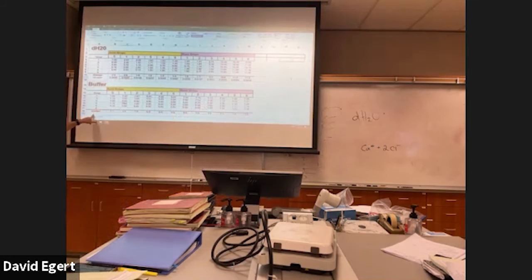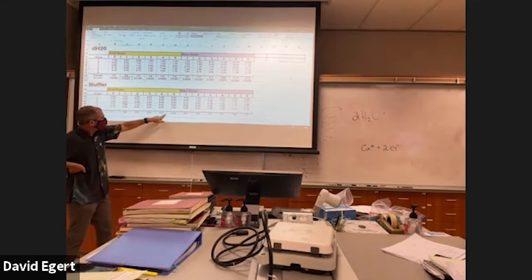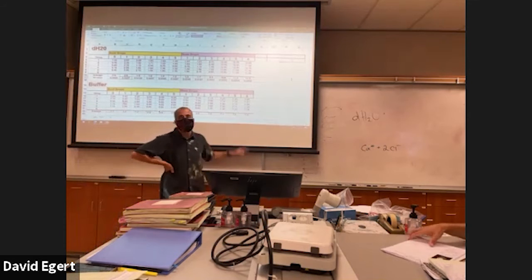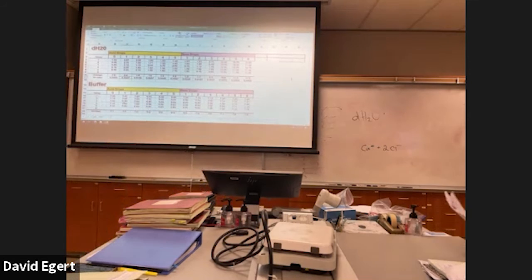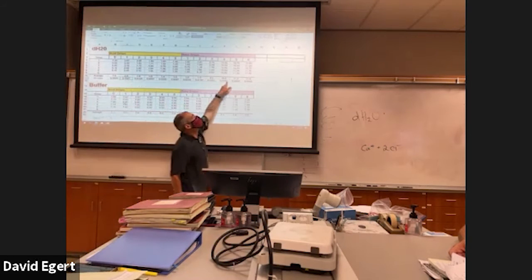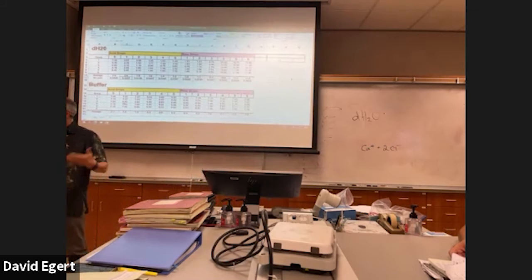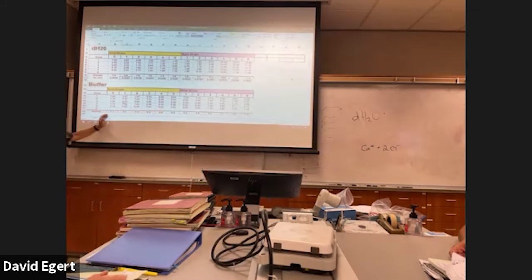Whereas when we use the buffer, it stayed in between 6.9 and 7.2. We had a maximum range of 0.3, whereas we had a maximum range here of like 10. So in your write-up, use the actual numbers. We have the numbers, so it's a way to really bring home your message about how much more stable the pH was with the buffer versus with the distilled water.